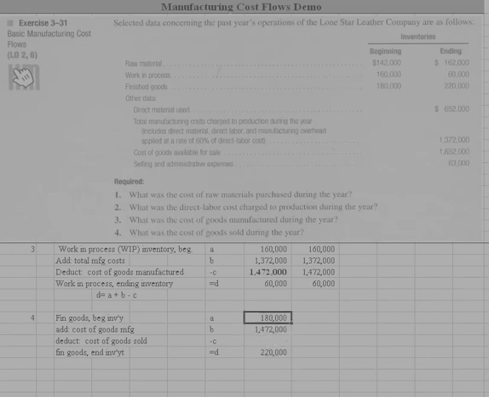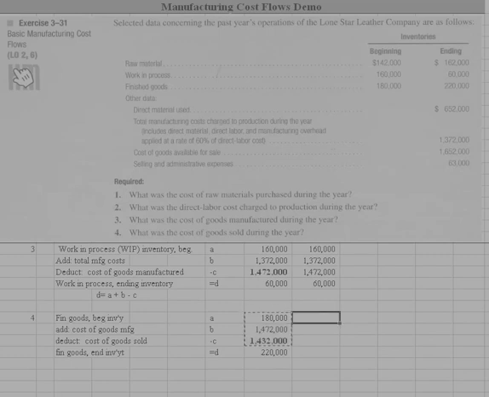Okay, so again, algebraically, we can say D is equal to A plus B minus C. Rearrange the terms, and you will solve for C. And since we've done that in Part 1, I'm not going to do it again. But I know the answer is 1,432,000. Now, let's check and make sure that's the case.